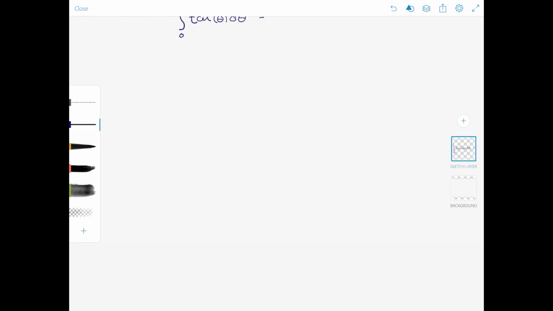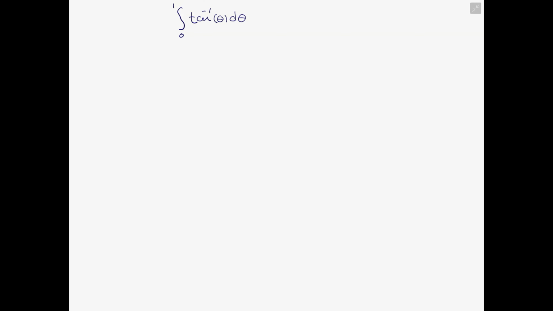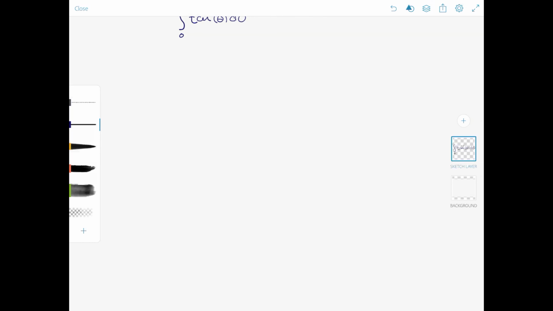So here we have a problem, a definite integral, the arctan of theta d theta is equal to, well, let's not jump ahead so far. That means it's tangent x dx.